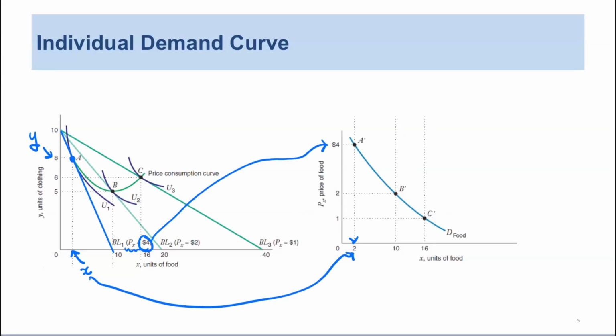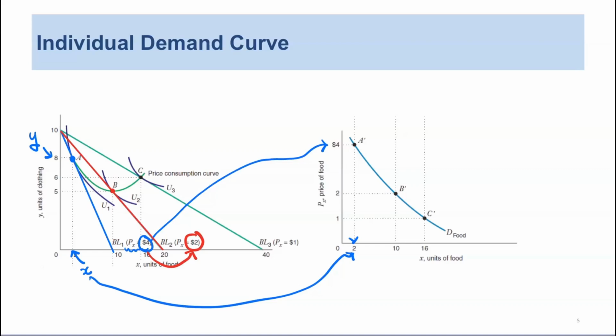Now suppose the price of good X decreases. Therefore, this budget line changes. In particular, the slope of the budget line flattens because the price changed from 4 to 2. Even with this new budget line, we know how to find the optimal bundle, and we know that B is going to be that optimal point.